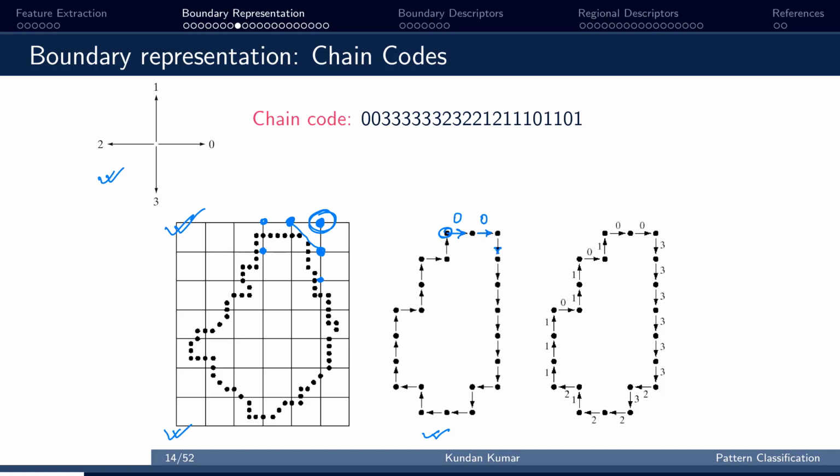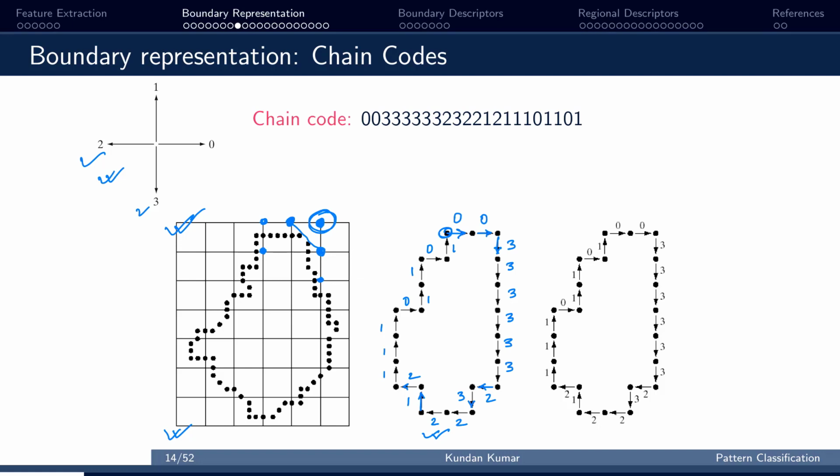This is downward, so downward is 3. This is in the left direction, so it is 2. This is downward, so it is 3. This is 2, this is 2, this is 1, which is upward. Again this is 2, this is 1, 1, 1, 0, 1, 1, 0 and 1.